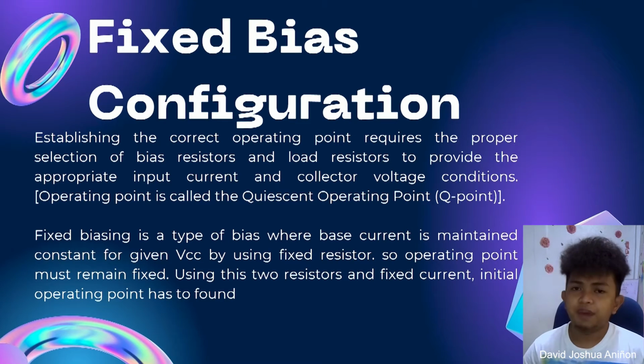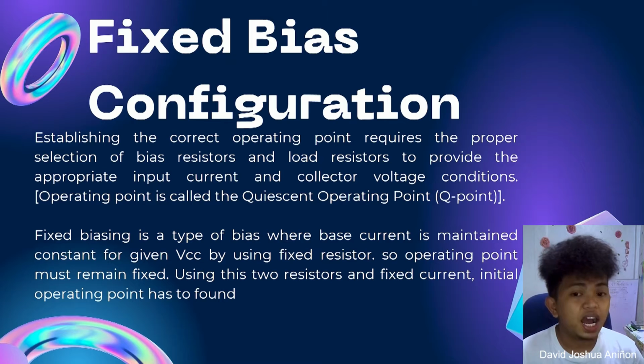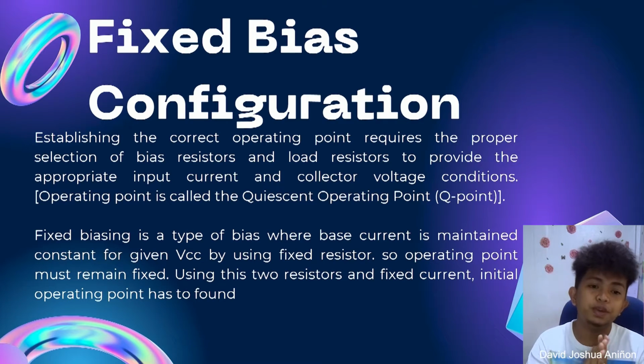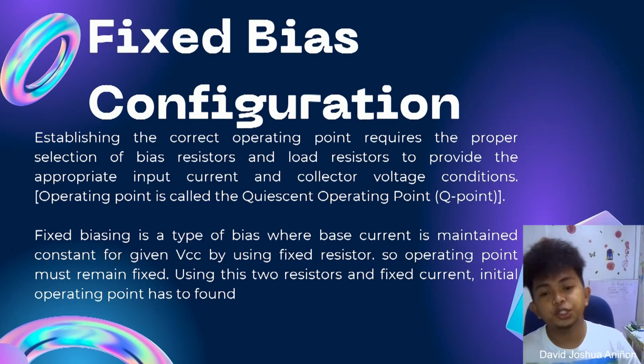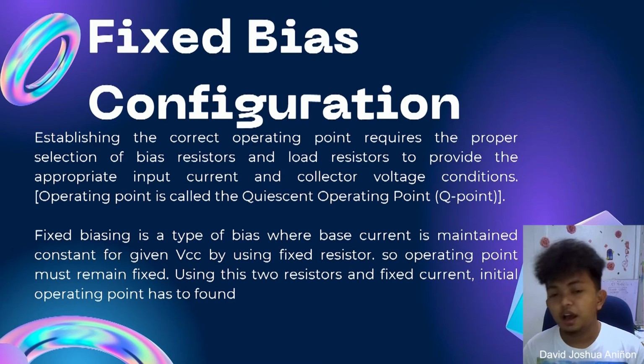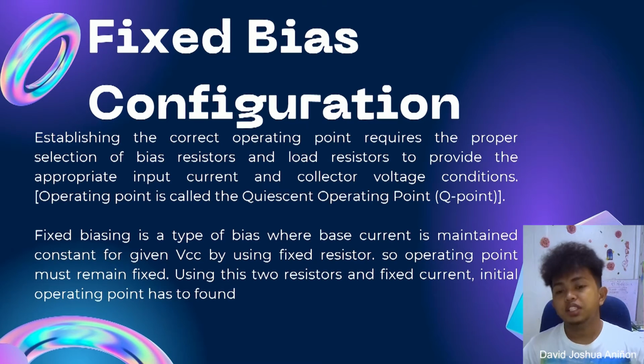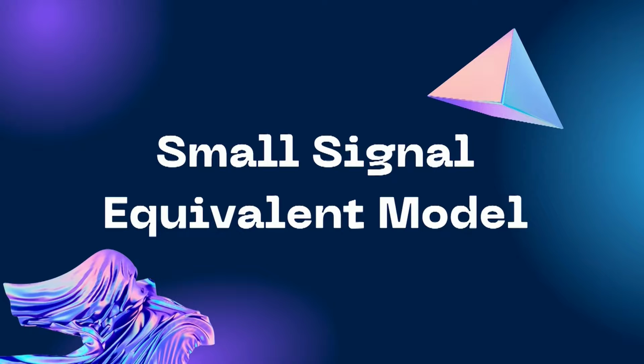In a way, a fixed bias is the simplest DC bias configuration for a given transistor. So VB does not vary significantly during use, as VCC is a fixed value on selection of RB. The base current IB is fixed. Therefore, this type is called the fixed bias type of circuit. And that's all.